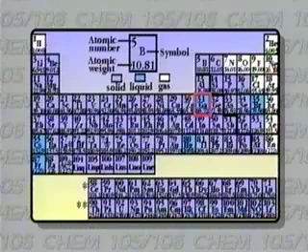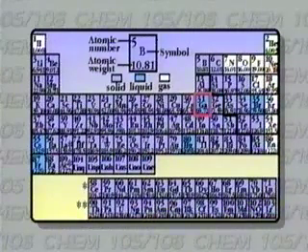Gallium, element number 31, which has a weight of 70, if you put a piece of gallium in the palm of your hand, the body temperature would be sufficient to melt the gallium metal. It melts at about 36 Celsius degrees. So we see a tremendous range.